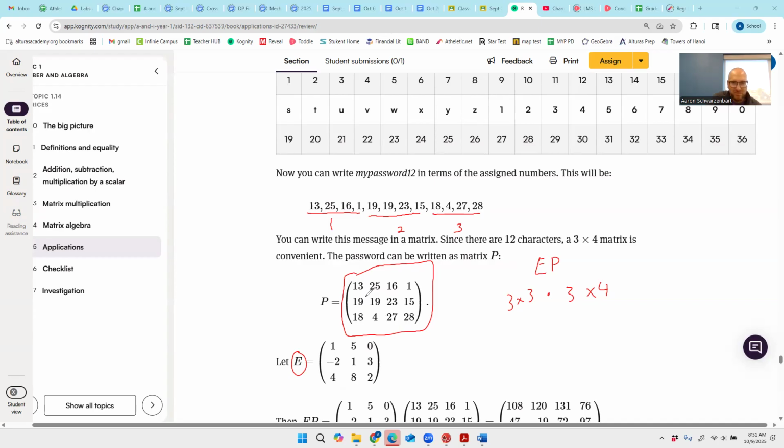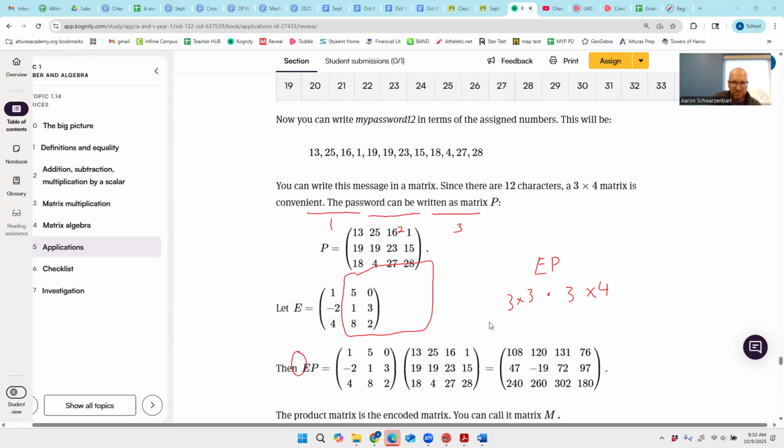So the encryption matrix is given to you. You can multiply and you get this. What they're going to do is send it to you. If I want to decode, so I essentially have EP equals my, we'll call it C, for code.